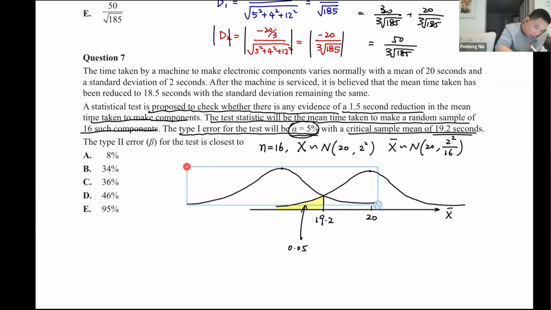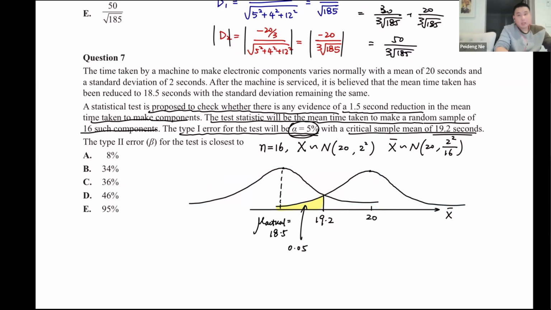Once it has been shifted to the left, the actual mean value is 18.5, okay? But the standard deviation remains the same. That means the shape or the spread of the curve is the same. And you're calculating the area shaded in red on the diagram. This is called a type 2 error, okay?